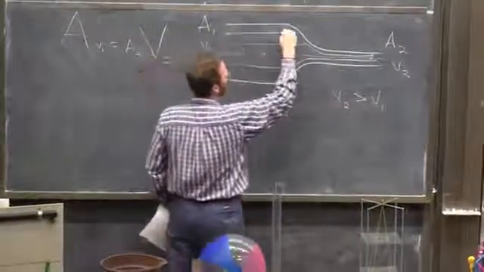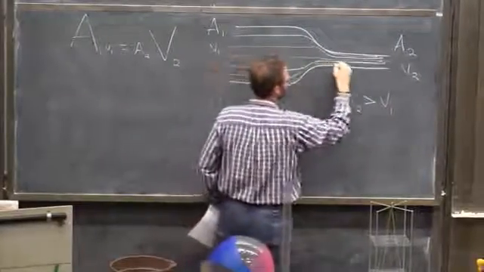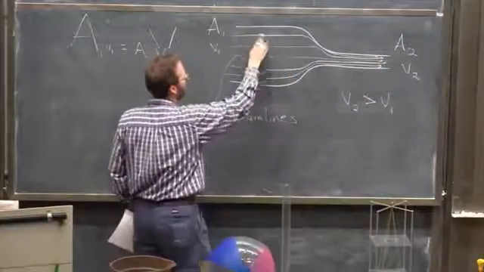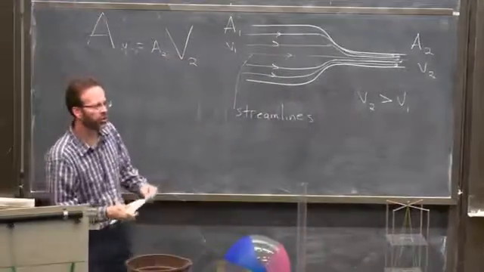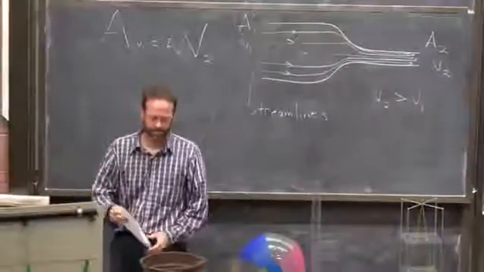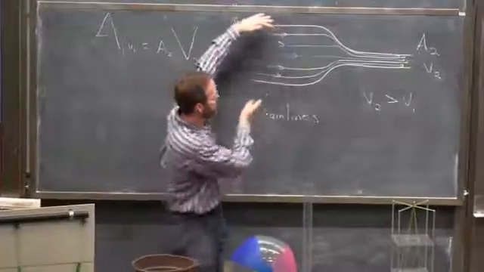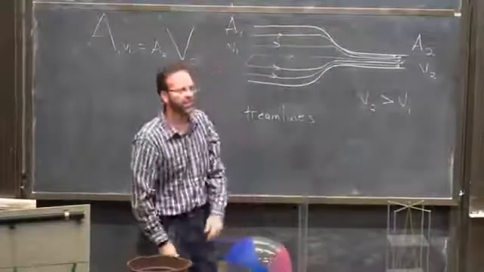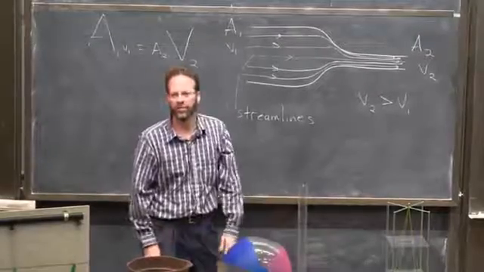One up here. You get the idea. Those are the individual streamlines. They're constricted. You can see there's a force on them to push them down in there. Anytime that your container changes the direction of those streamlines, there's an associated force, and the velocity changes.